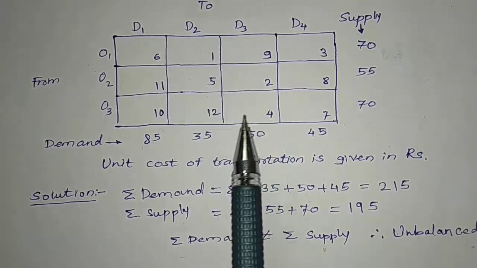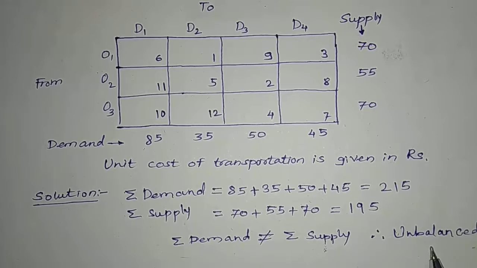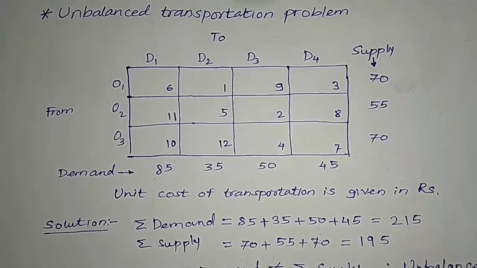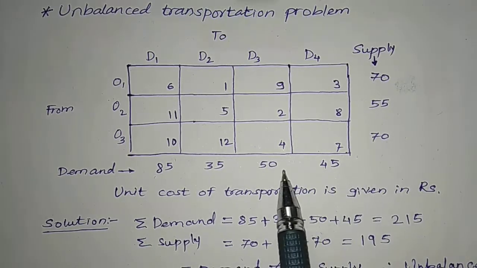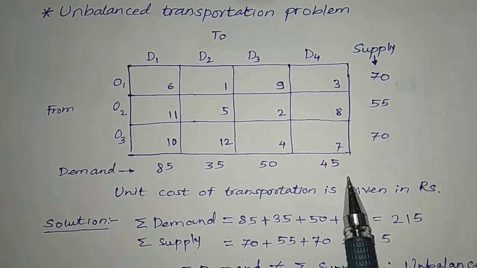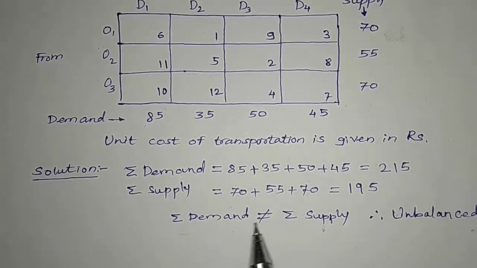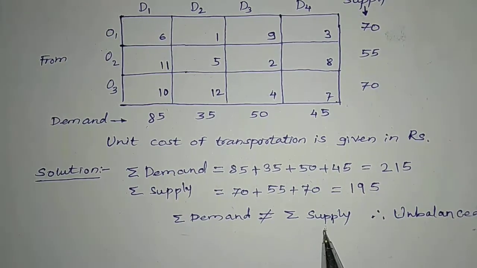Now once the problem is unbalanced, before obtaining the initial basic feasible solution, we have to balance this problem first. To balance this problem, we have to look at how much difference there is between the demand and supply, and which is lower and which is higher.